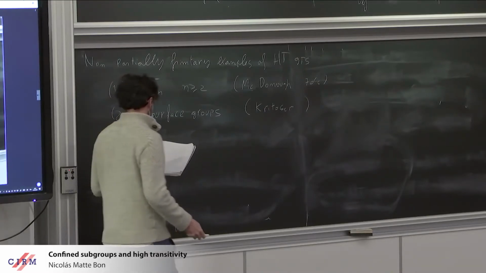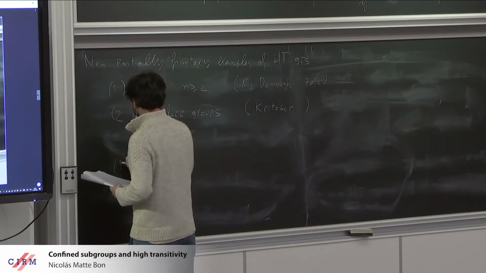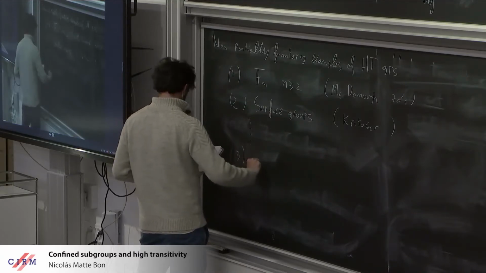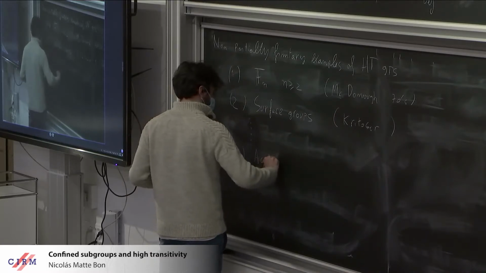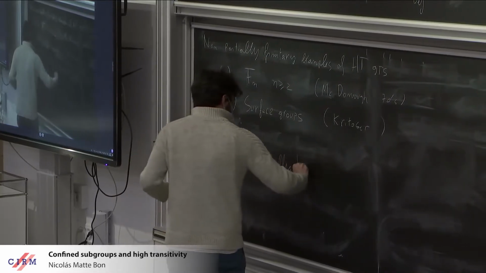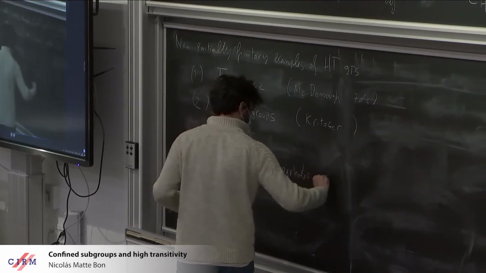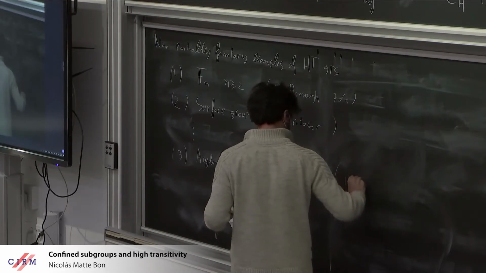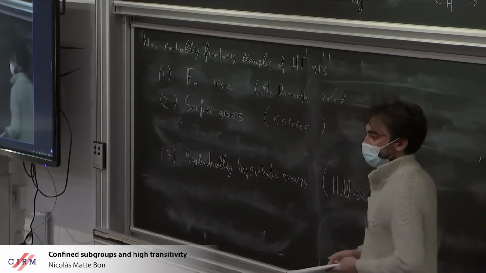And the ultimate result in this setting is due to Hull and Osin, who proved that all acylindrically hyperbolic groups admit actually plenty of highly transitive actions.